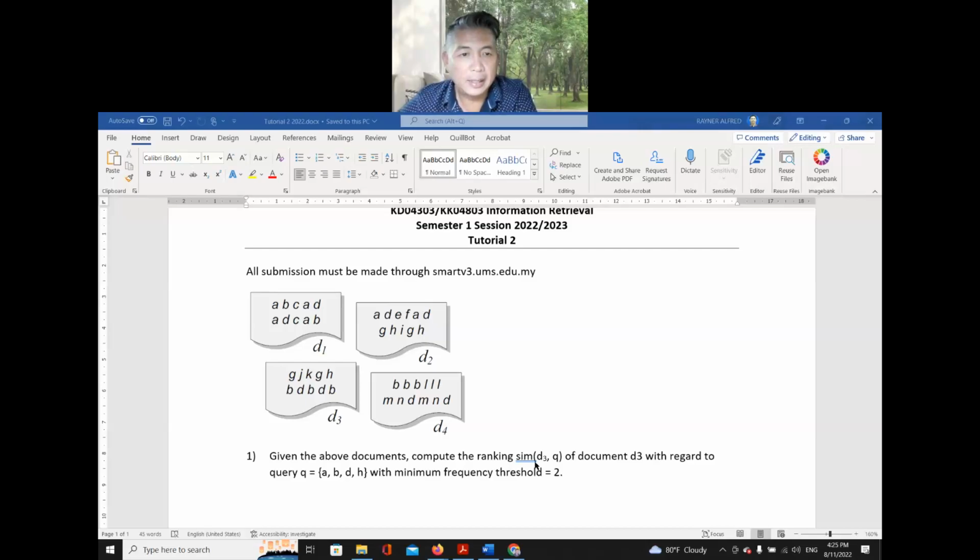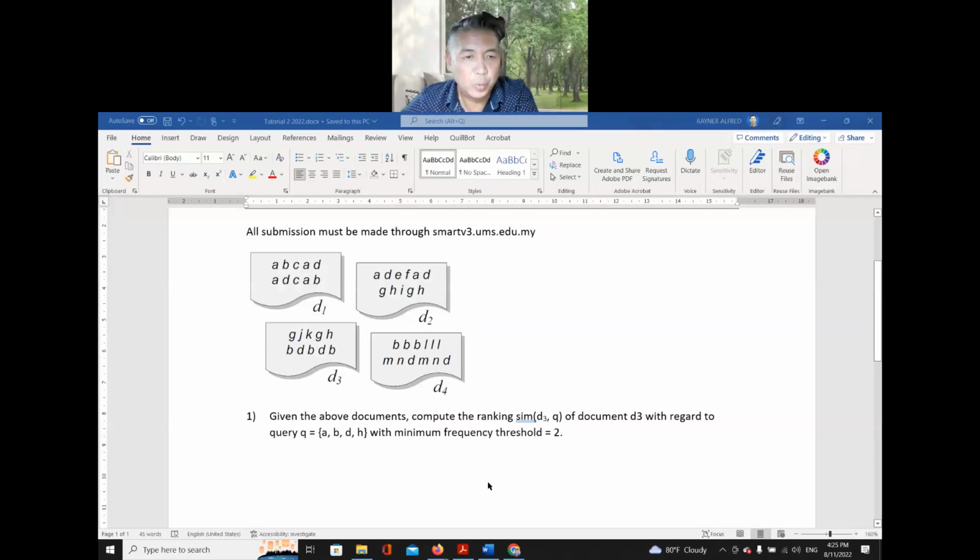The query that we have is A, B, D, H. Given that we have a minimum frequency threshold equal to 2, we will limit our term set to those term sets which have frequency equal to 2 or more.